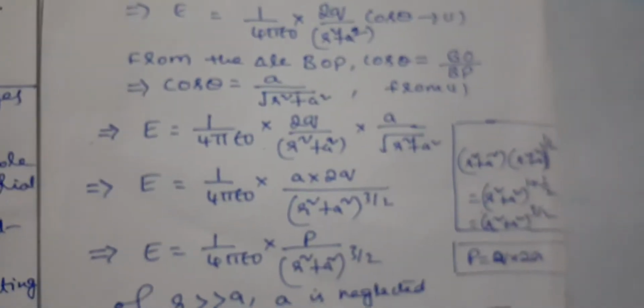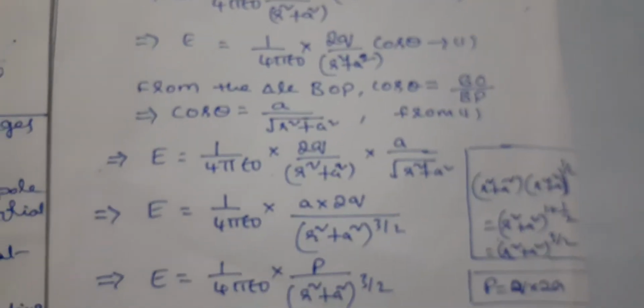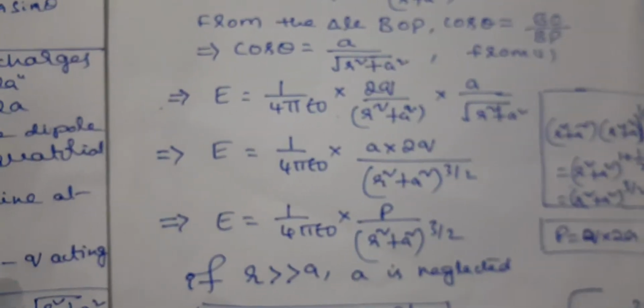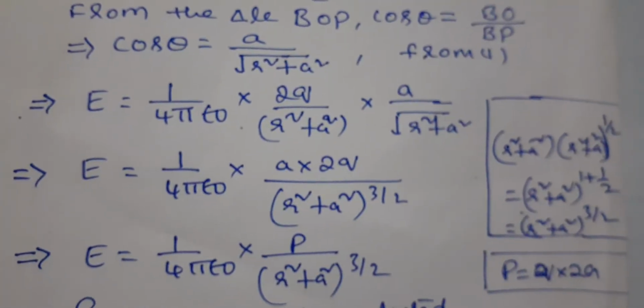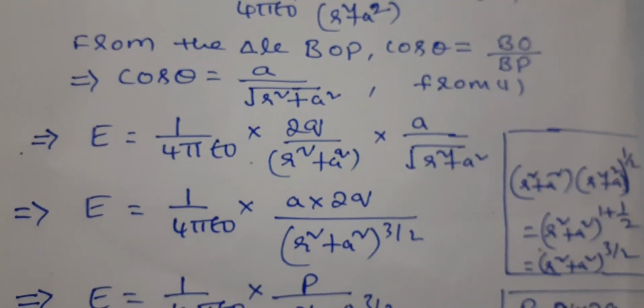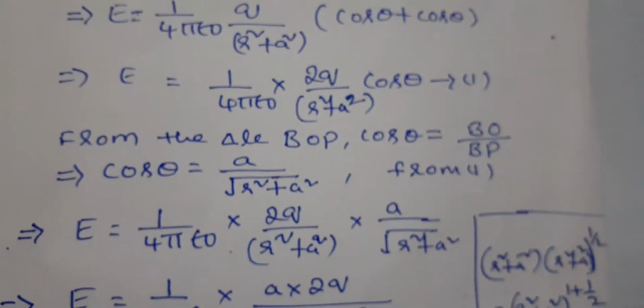BO means, you can see, students, BO is a, and the hypotenuse is square root of r square plus a square. Now substitute this one in equation 1.